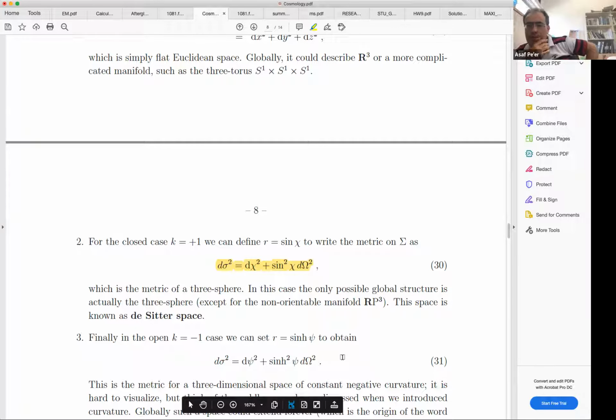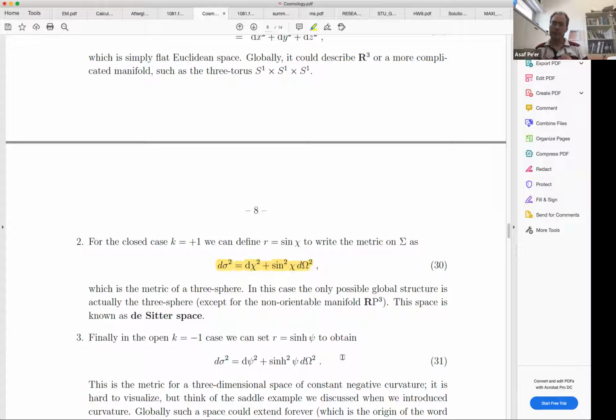Now, this is something which is much more difficult to visualize. If you remember, I tried to visualize negative curvature of space as some saddle, right? The reason why it looks like a saddle is that if you take two parallel vectors and they go along this space, they will diverge. They will get away from each other. The same way as on a sphere, if you take two vectors and they go along the sphere, they will essentially merge, right? Toward the North Pole, they get closer together.